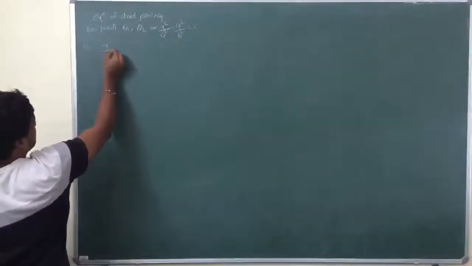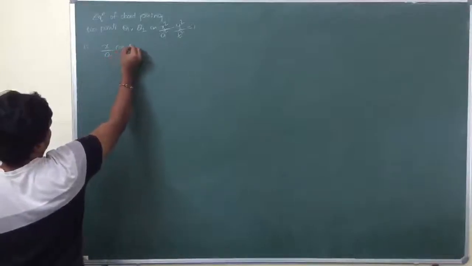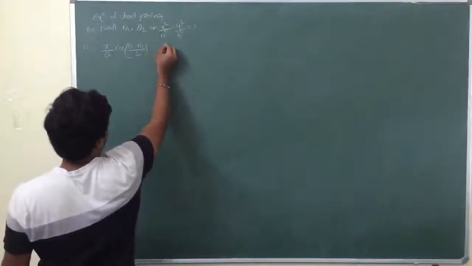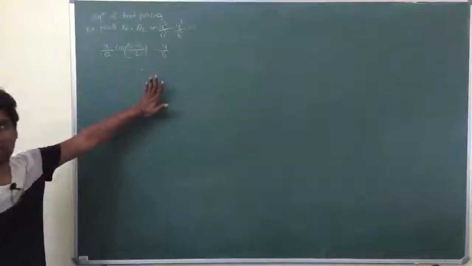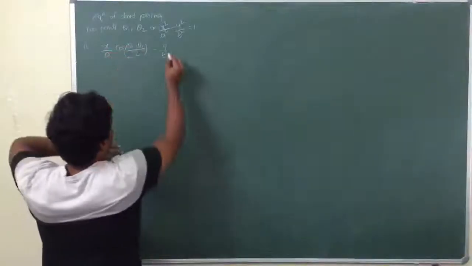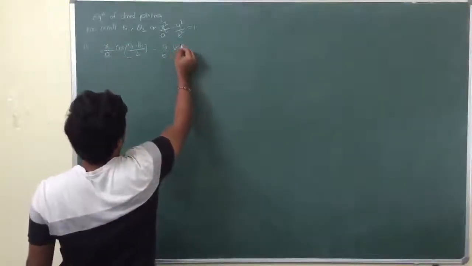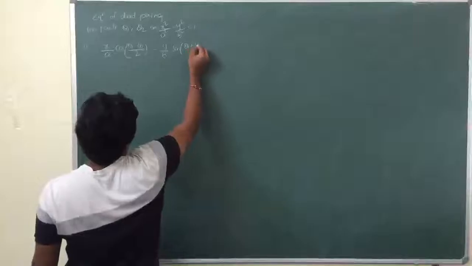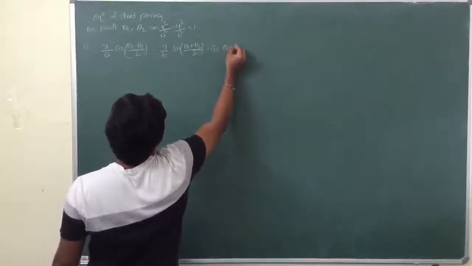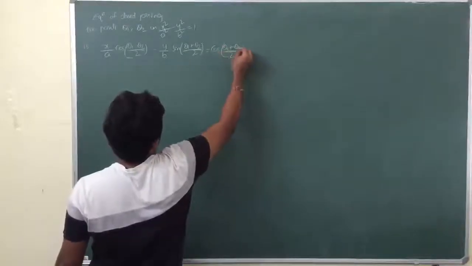x by a cos (theta 1 minus theta 2) by 2 minus y by b sin (theta 1 plus theta 2) by 2 is equal to cos (theta 1 plus theta 2) by 2.